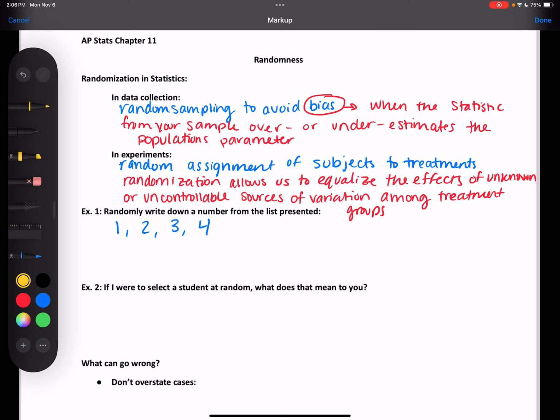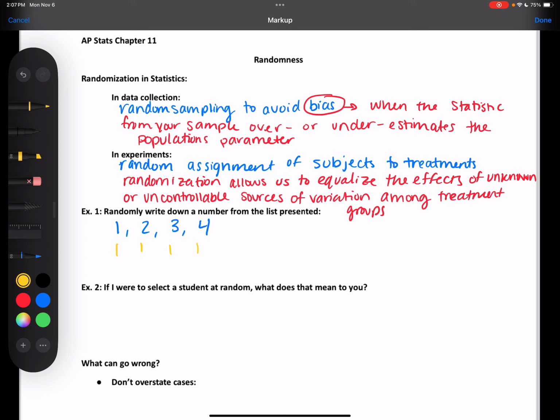Does everybody have a number written? Yes. All right, Nathan, what number did you put? 2. Peyton, 4. Josh, 3. Josh? 1. Okay, did that not work out? Normally that doesn't happen.